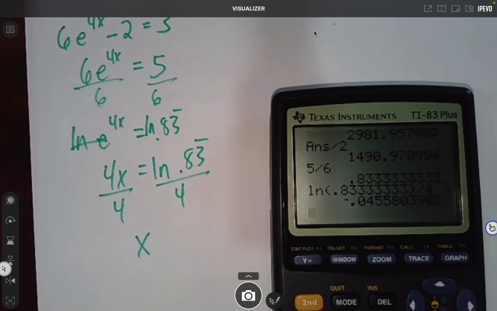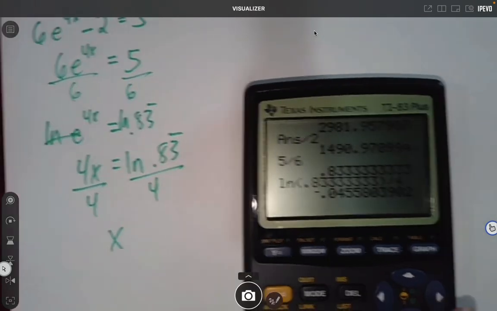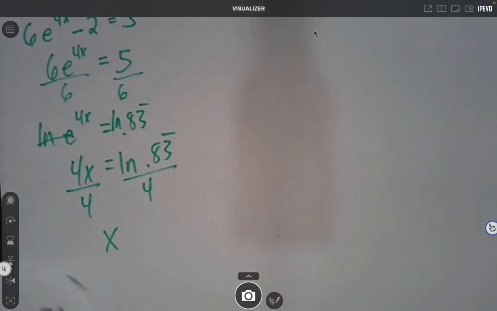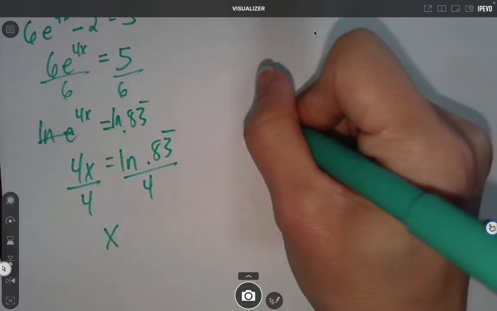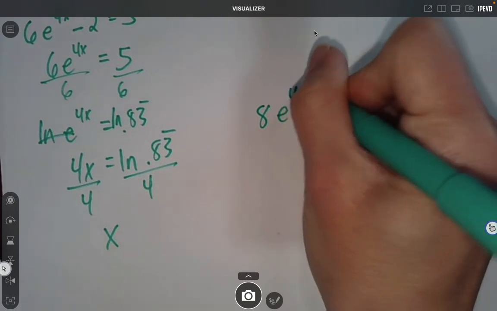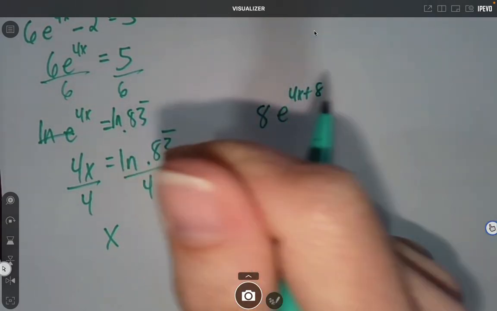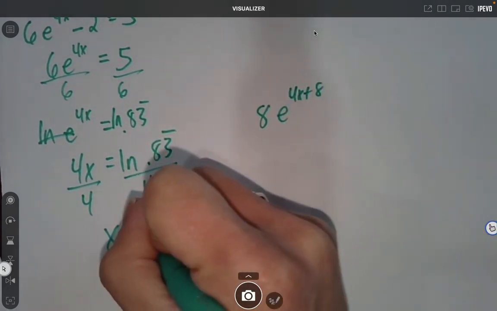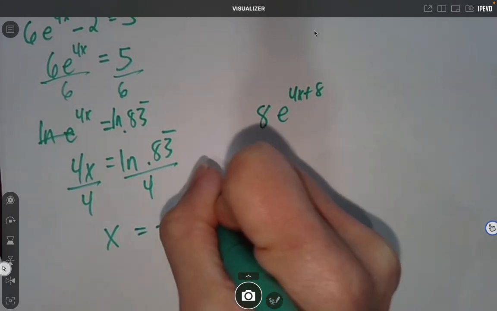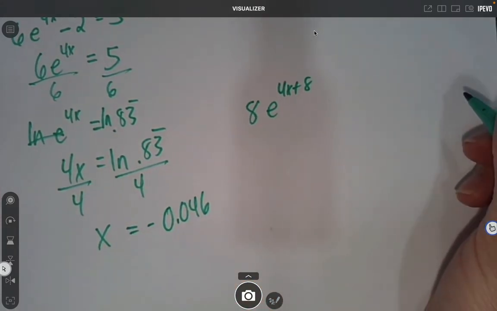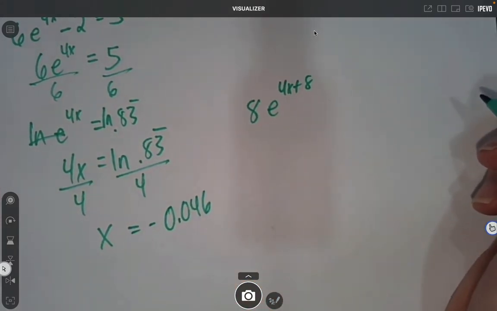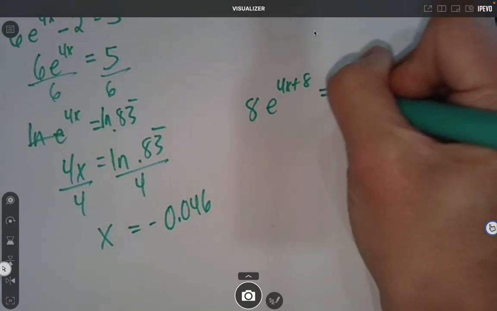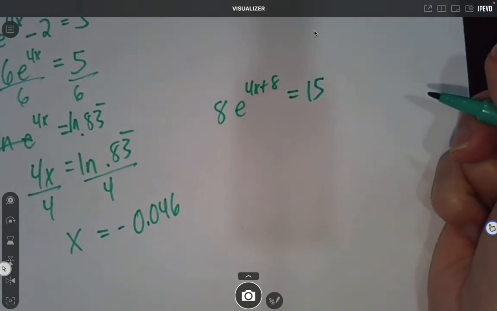Is everybody okay with that one? And then 35 is the same thing again. Okay? For 34, the answer is negative 0.046. That's how they rounded.